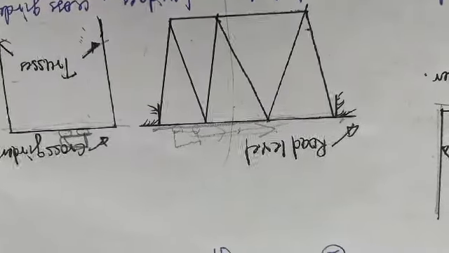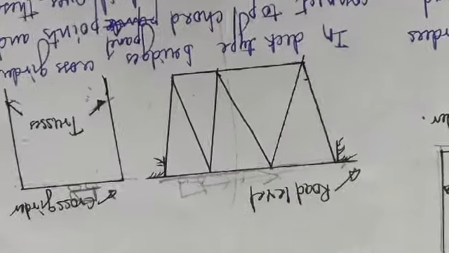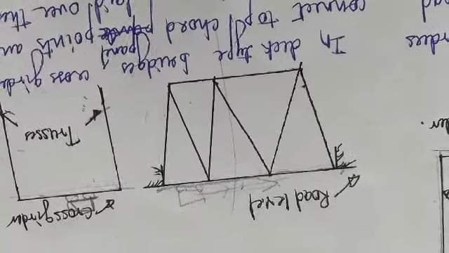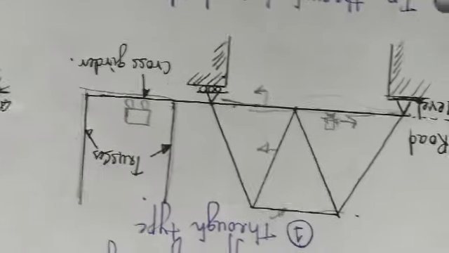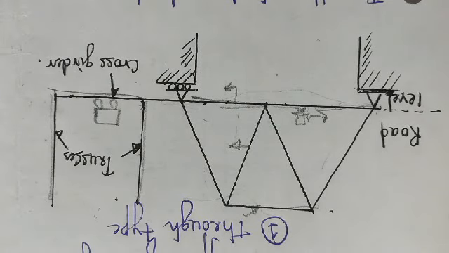Now whenever you have any type of truss, whether it might be a through type or a deck type, the main thing is how the load transfer takes place. In trusses, a truss is a geometrical plane where the ends are joined with pin jointed elements.